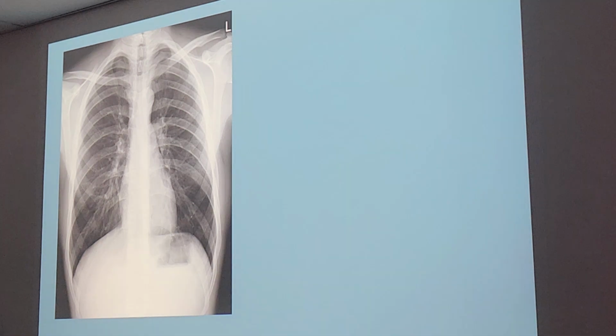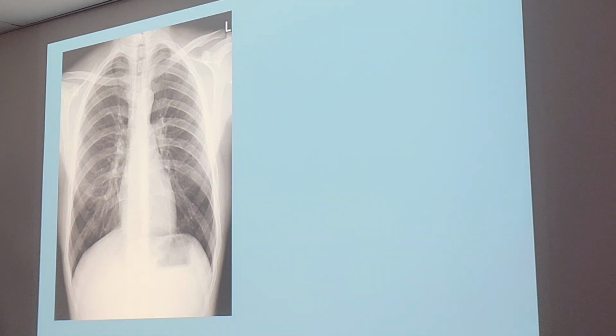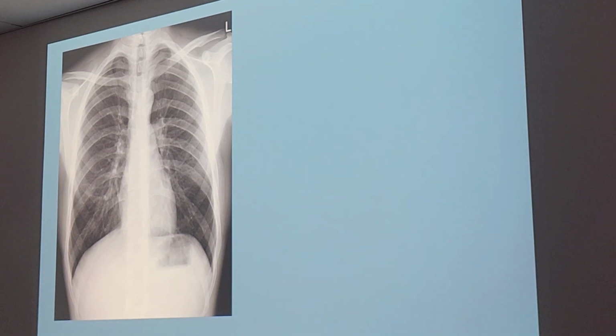Okay, so let's take a look at this image. First things first, what did we do, based on what we just went over? Identify the projection. Okay, so what projection is this? PA. Okay.